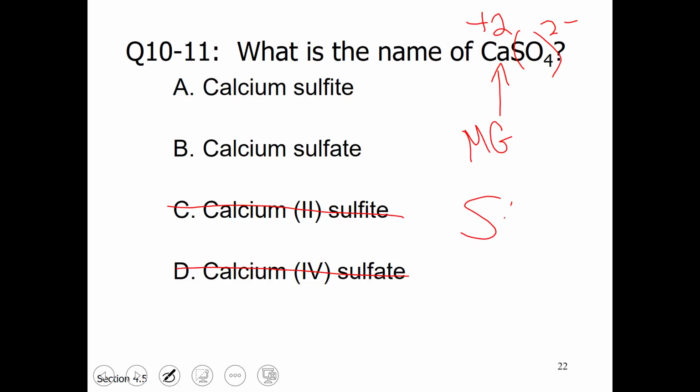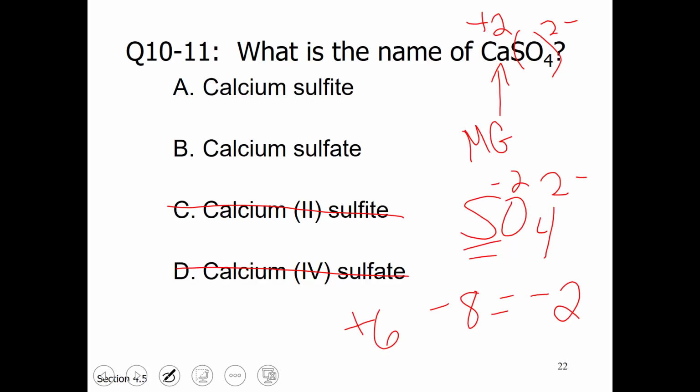So when we look at the SO4 2-, of course it adds up to -2 charges. Each oxygen's -2, so it's -8. Something minus 8 is -2, so that's a +6. And sulfur is also in group 6. So when we have a match, we have an ate. So that would be calcium sulfate.